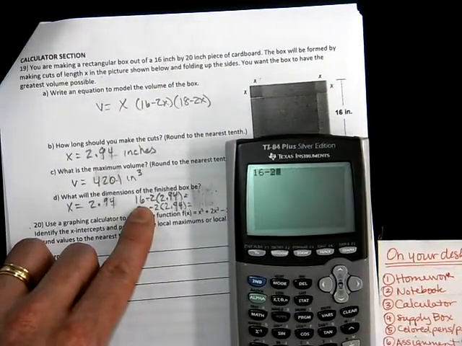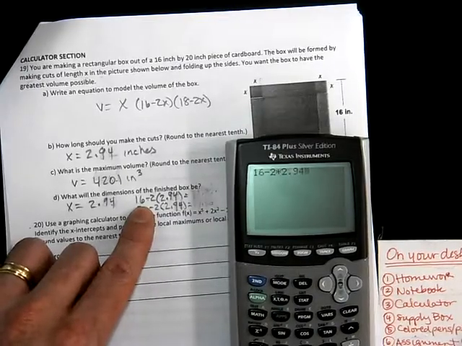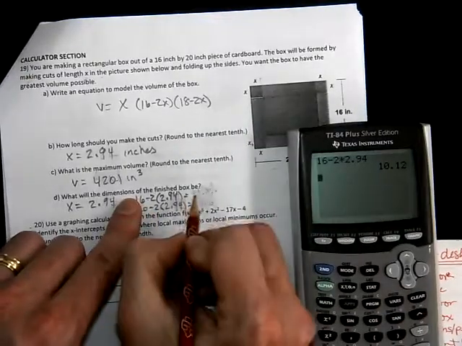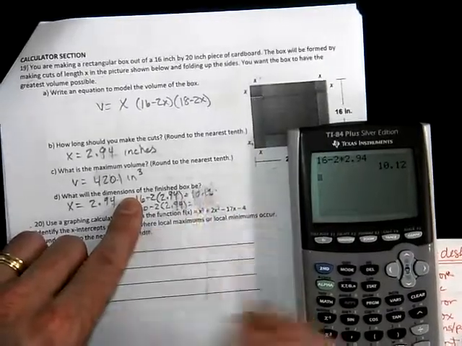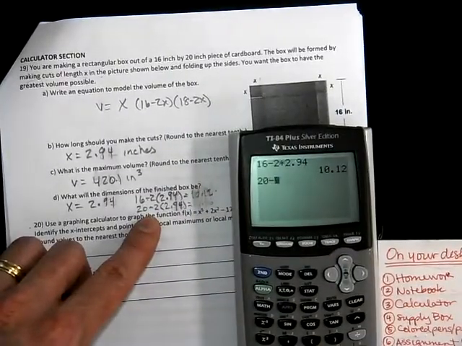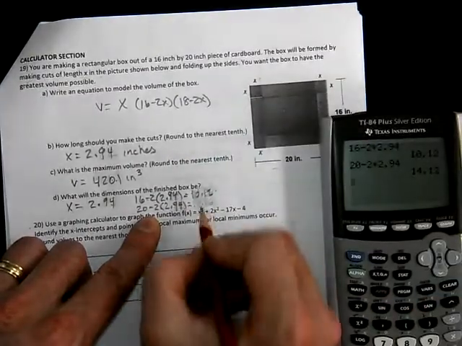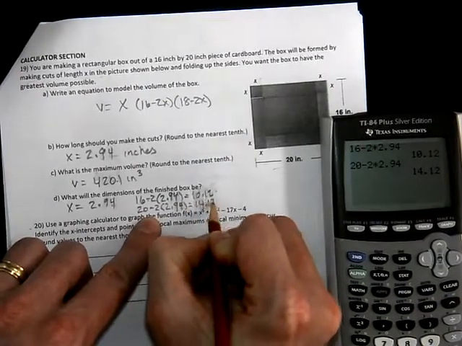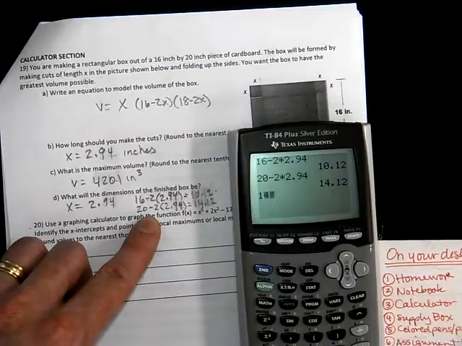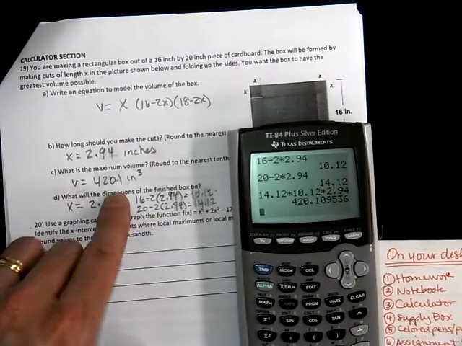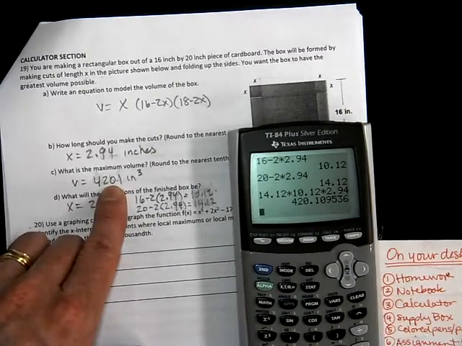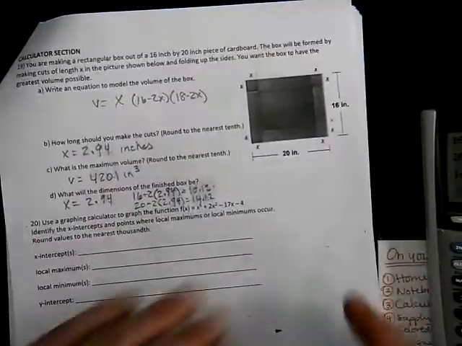So 16 minus 2 times 2.94 is 10.12, and 20 minus 2 times 2.94 gives me 14.12. Very similar type numbers. So I have my 14.12 times my 10.12 times my 2.94, and shabam, I got the exact same value. Love it when a plan comes together.